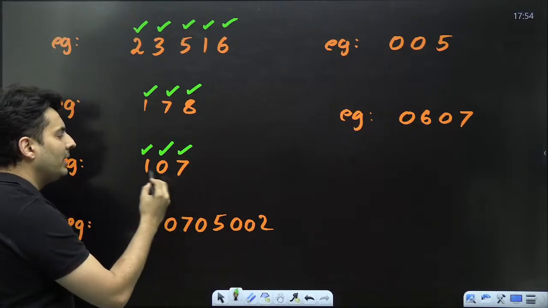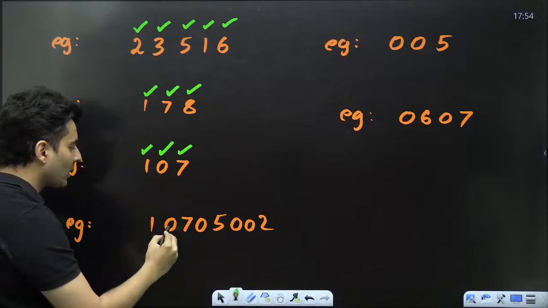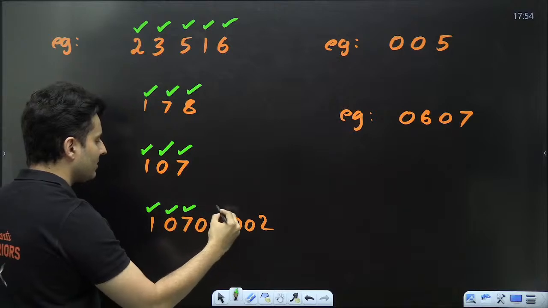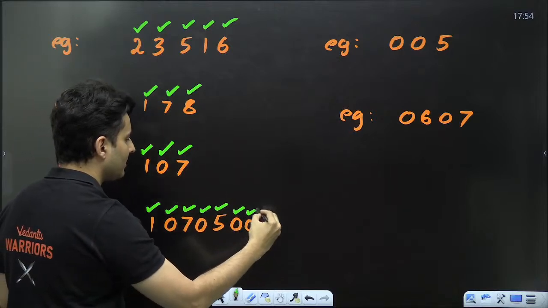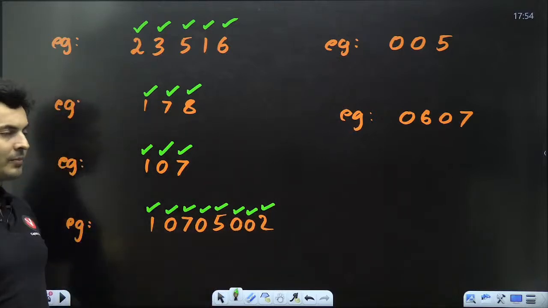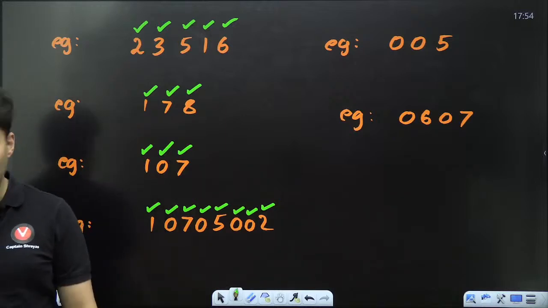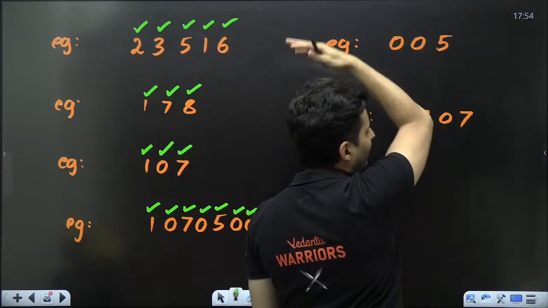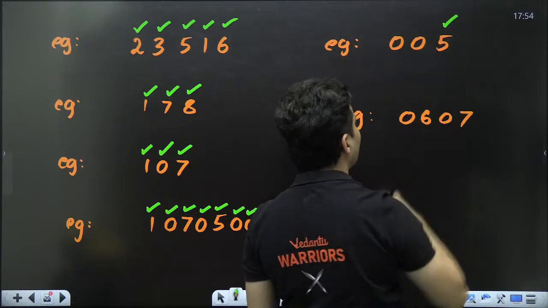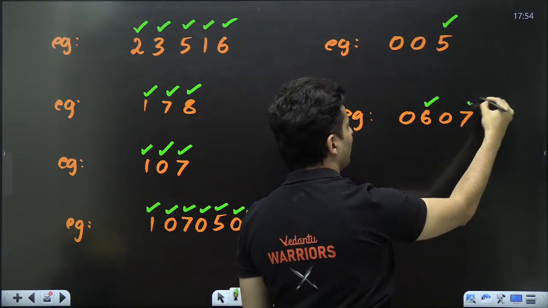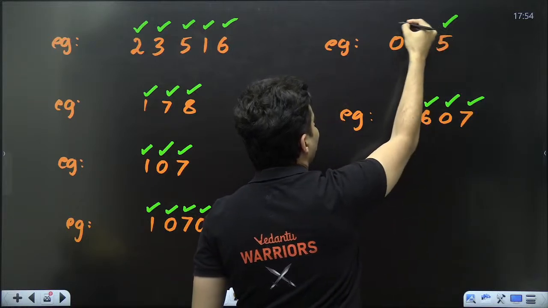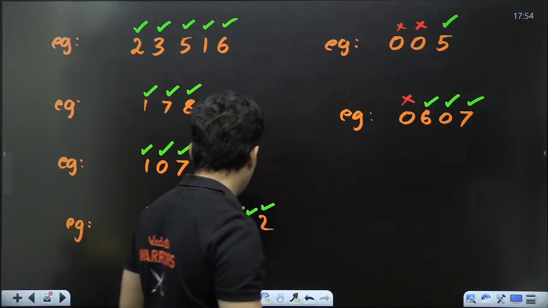Here, the 0 is between non-zero numbers, so this and this are significant. Can you see that? And over here, this is not in between any two non-zeros, it is towards the left side. They are not significant. Even this 0 is not, but this 0 is going to be significant.